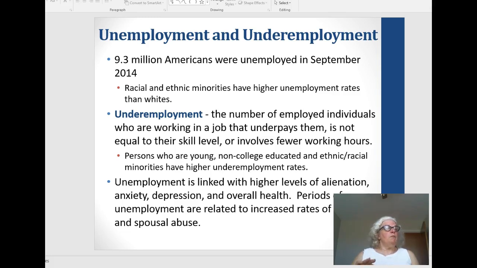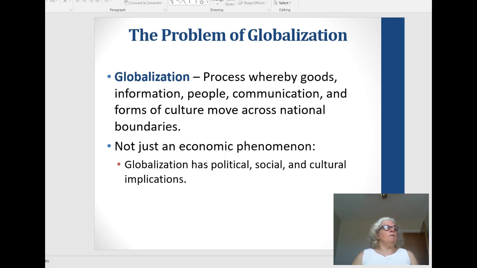The people are not getting paid what their level of skill is for, and it involves fewer hours. And therefore, we see some interesting things, such as holding down multiple jobs to earn the income that you need to support your family that we talked about early on.